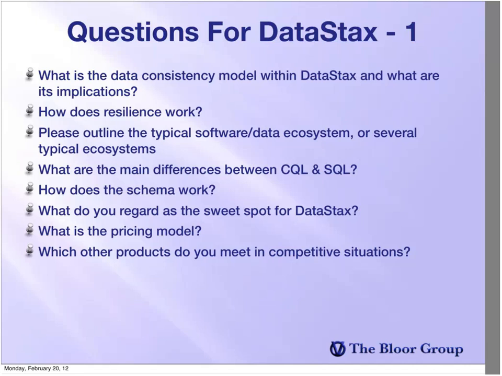The other kind of consistency is consistency in the sense of the CAP theorem. The CAP theorem relates to distributed systems, and it says that of consistency, availability, and partition tolerance, a given system can choose two. And that's actually been proven.